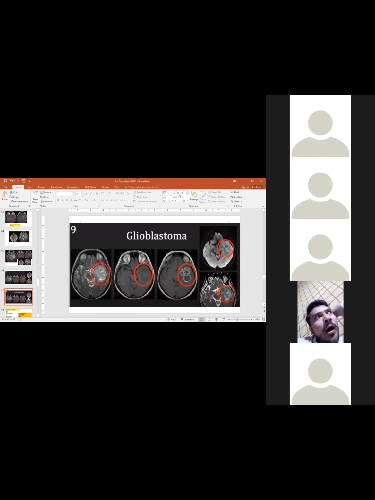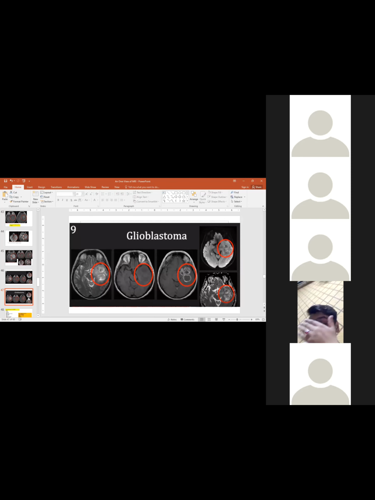Basically, the brain and spinal cord are made of neurons. But to support neurons, the parenchyma of the brain also contains the glial tissue. And the glial tissue sometimes gets a tumor and we call it glioblastoma. So she was suffering from that disease.